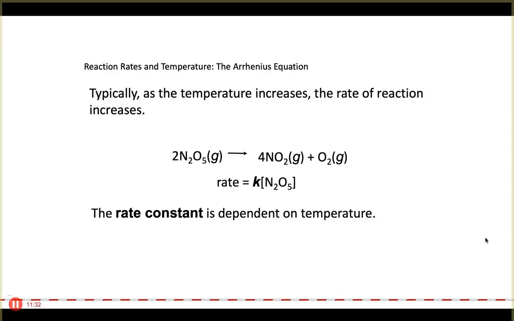Well, what happens if the temperature changes? We've looked at this example reaction throughout this chapter. However, everything was at one temperature, and we've already alluded to this, but the rate constant is going to depend on temperature.